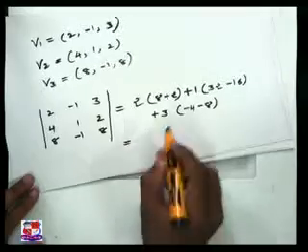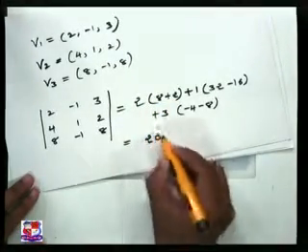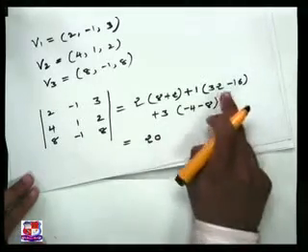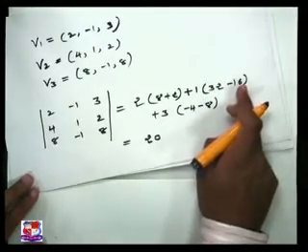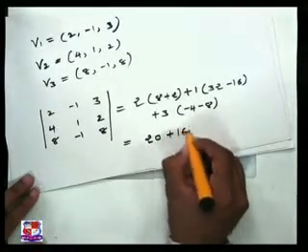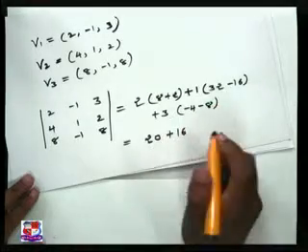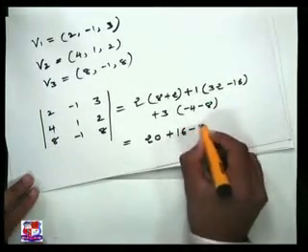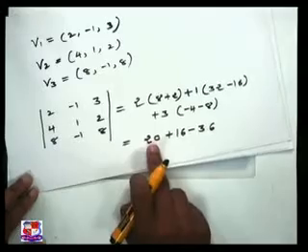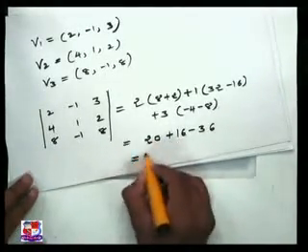So that is equal to 8 plus 2 is 10, 10 into 2 is 20, 32 minus 16 is 16, 16 into 1 is 16, and this is minus 12 into 3 is minus 36. So 20 plus 16 minus 36 is equal to 0.